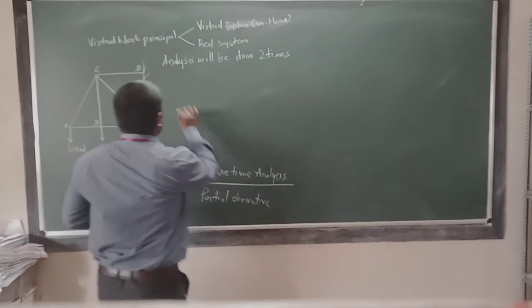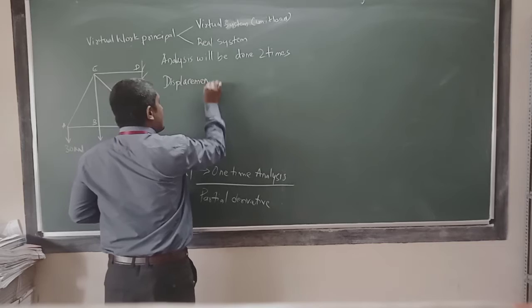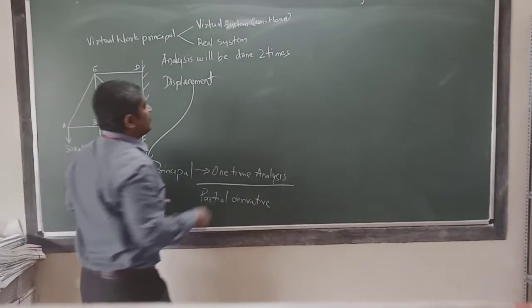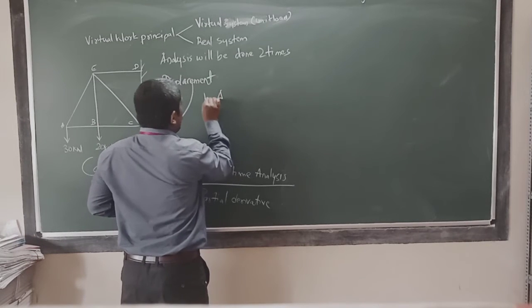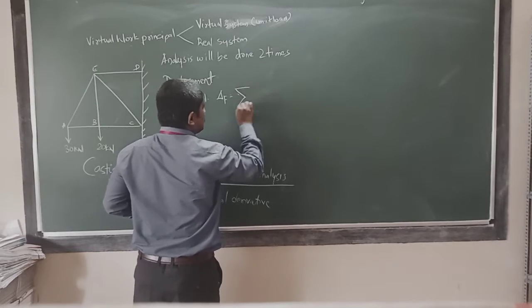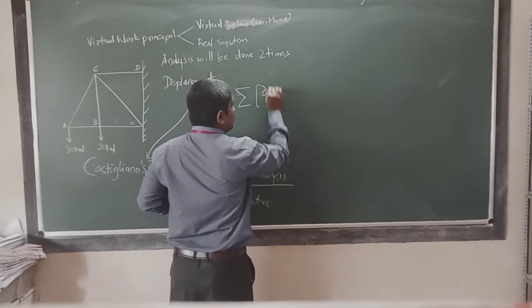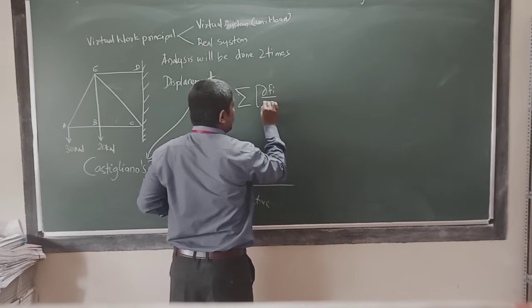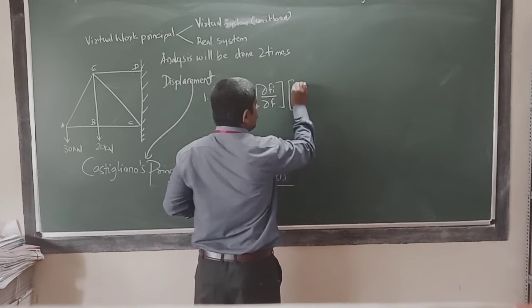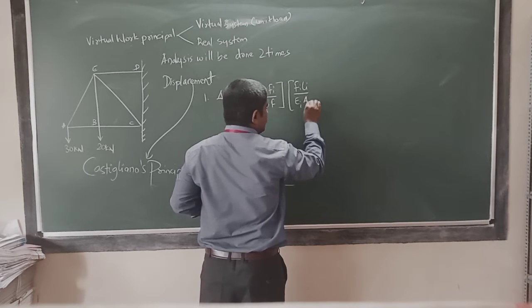Okay, in the theoretical video in the previous class we have studied how to calculate displacement by using Castigliano's principle. And we have derived an equation: 1 into delta F is equal to summation of partial derivative of Fi divided by del F, into Fi Li divided by Ei Ai.